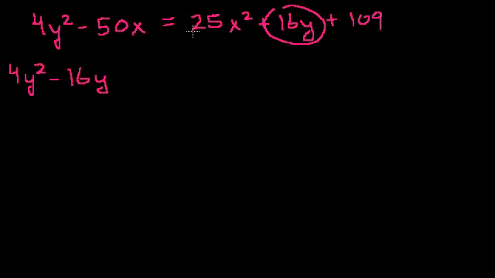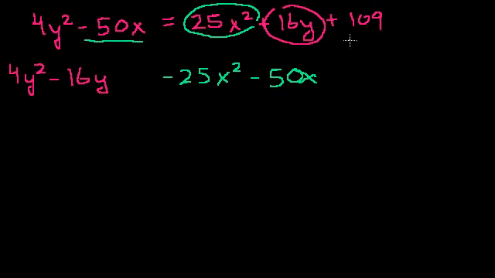Then I want to subtract the 25x squared from both sides, so I get minus 25x squared minus 50x. And then I'll leave this 109 on the right-hand side, is equal to 109.